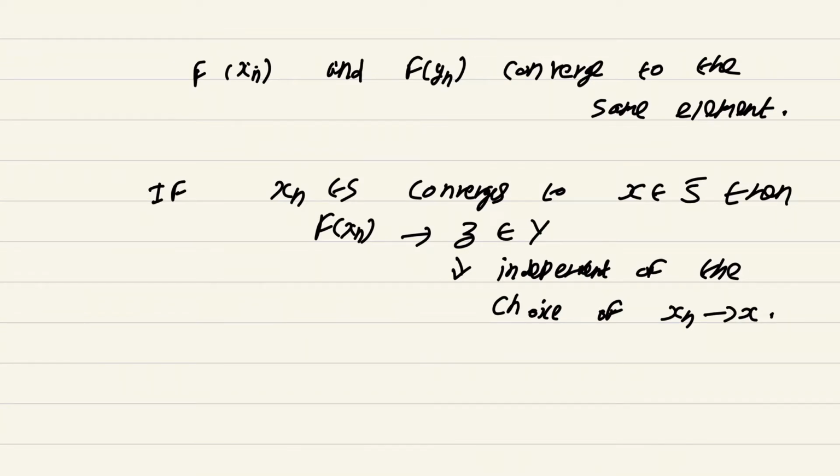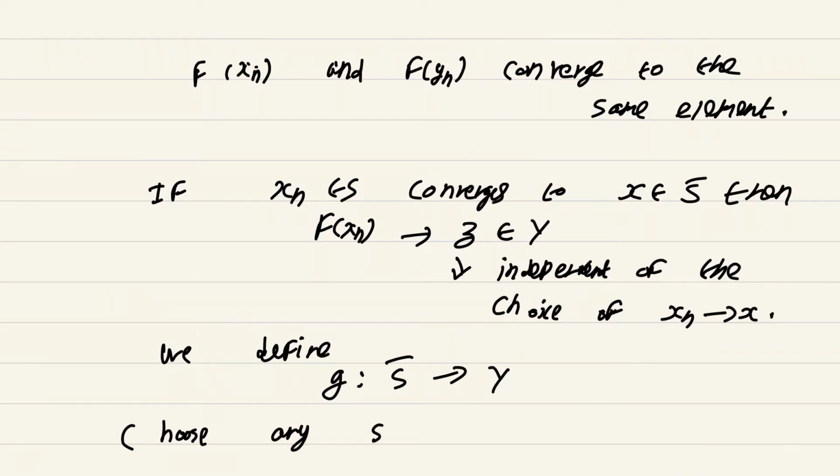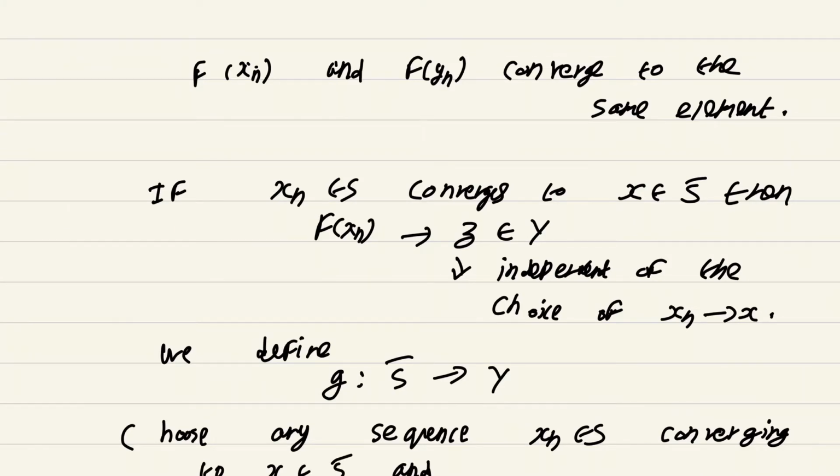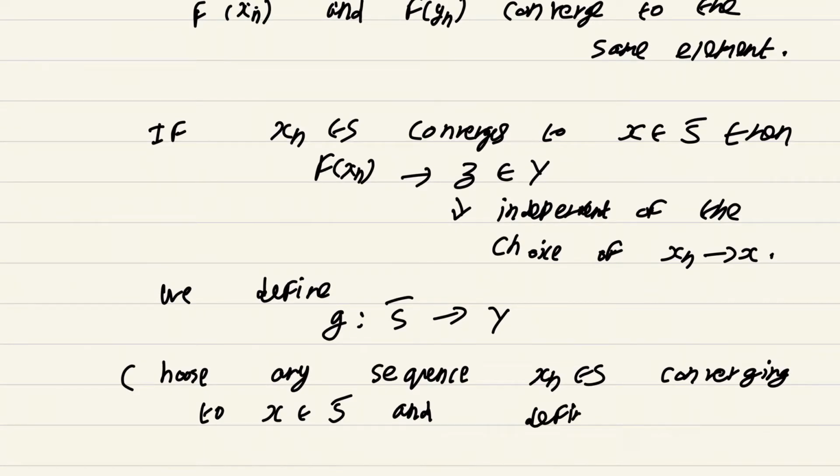Okay, so we can define g from S closure to Y as follows. Choose any sequence x_n in S converging to x in S closure, and define g of x to be the limit as n goes to infinity of f of x_n.